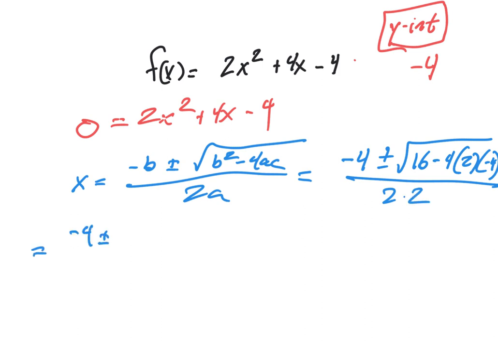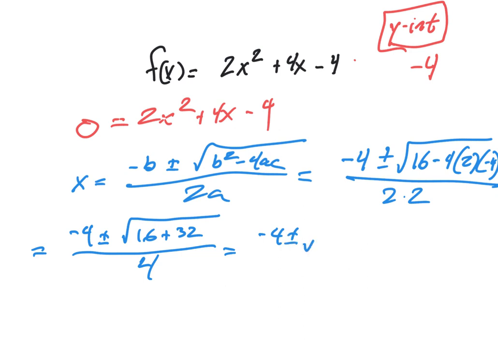So -4 plus or minus square root of 16, and it's minus a negative, so it's plus 32, all over 4, which will be -4 plus or minus the square root of 48 over 4.